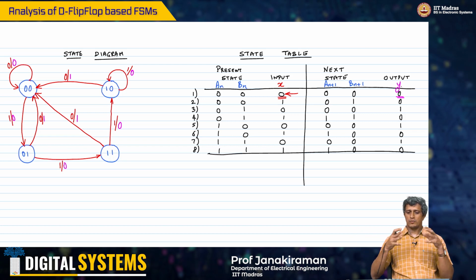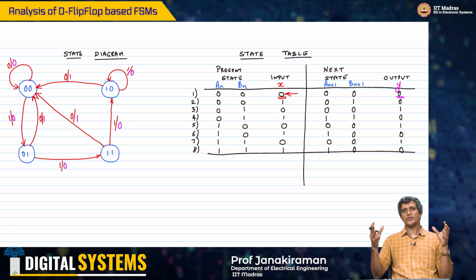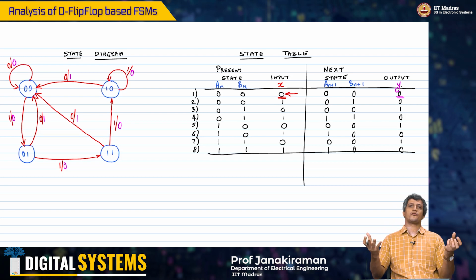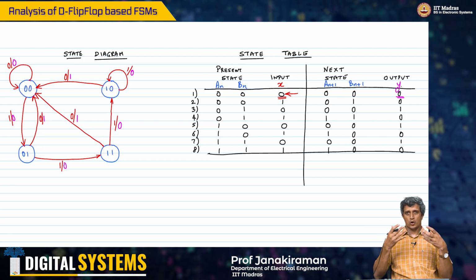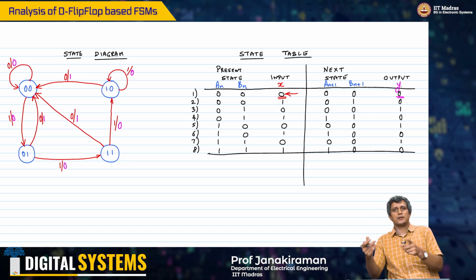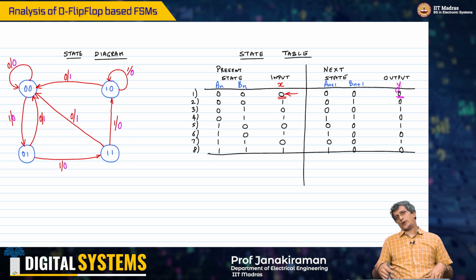So with that, I have introduced you to various terminologies with which you can define a finite state machine in completion. In the next lecture, we will look at how to use this finite state machine to derive the state table and the state equations and so on appropriately.